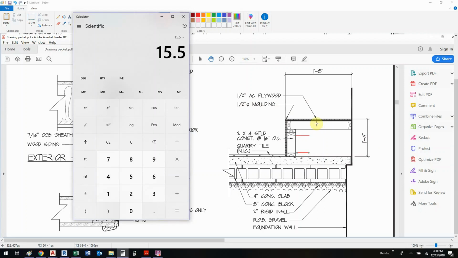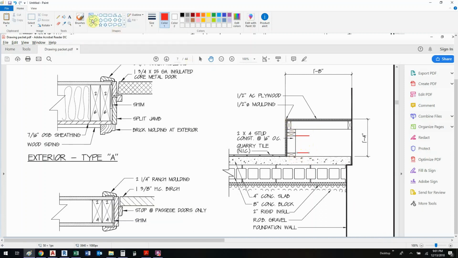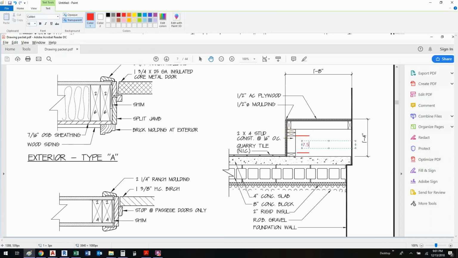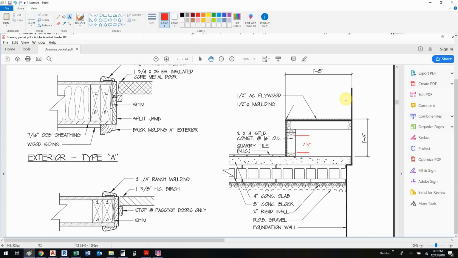So I'm going to subtract 3.5. And then I have 1.5, and 1.5 is 3, plus 1.5 down here, which makes 4.5. So I'm going to subtract 4.5 inches to end up with this little piece right here being, I need to cut me a whole bunch of these that's 7.5 inches long. It's going in there.